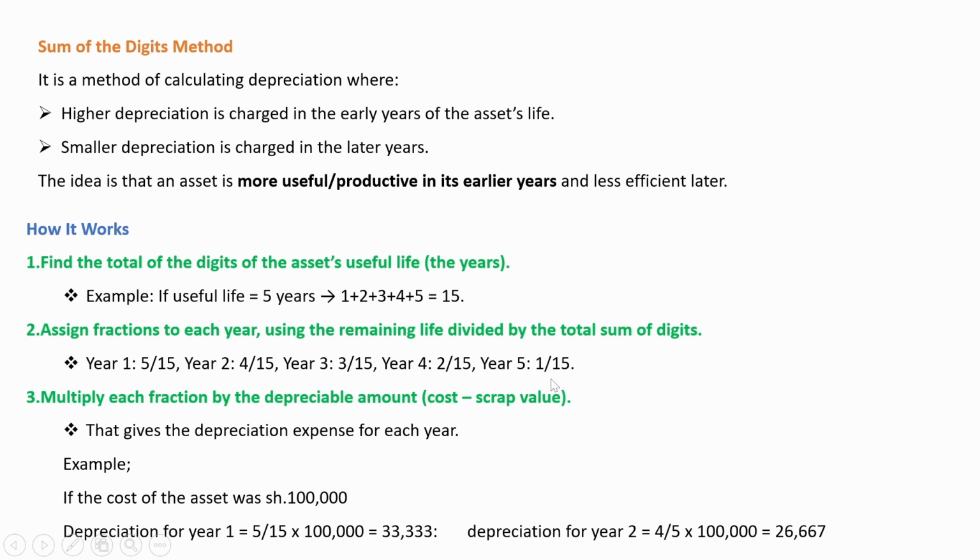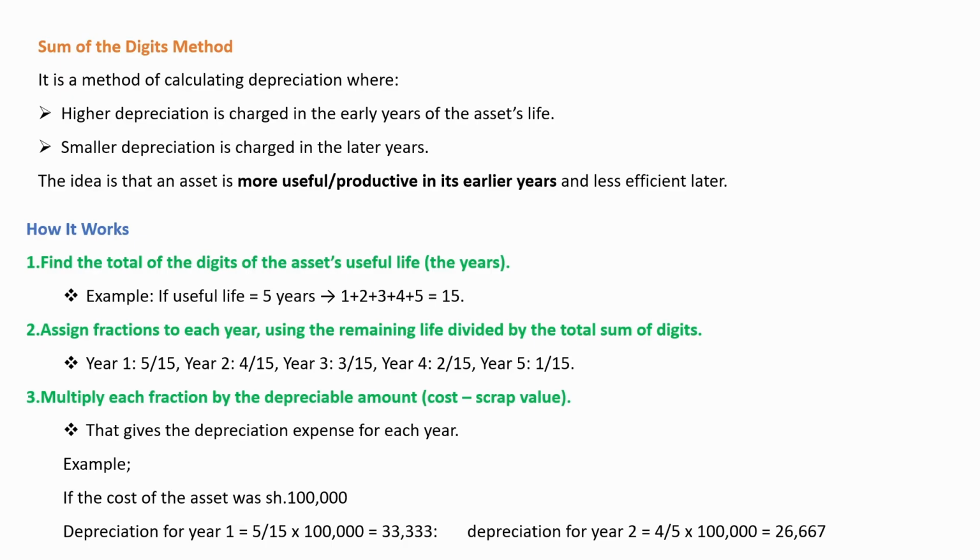Then each one you are dividing by the sum of the digits. So in other words, the fraction you have here is the rate of depreciation that you are going to use. Therefore, in sum of the digits, the rate of depreciation is different for each year.